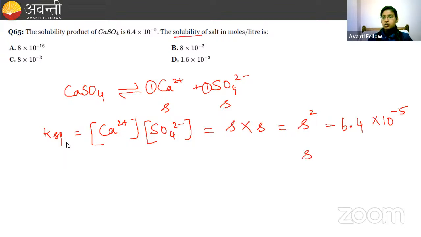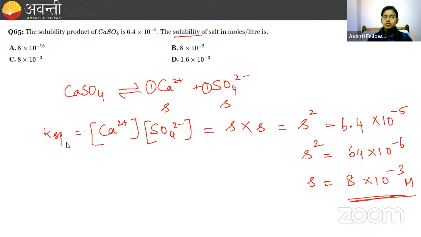If I take the root, I can write 6.4 as 64 into 10 to the power minus 6, and after taking the root, I will get 8 into 10 to the power minus 3. This is in terms of mole per liter, so I can write the molarity unit here. So the solubility for the given salt is option C.